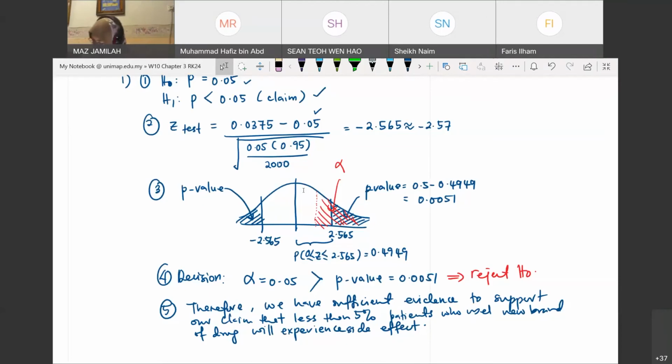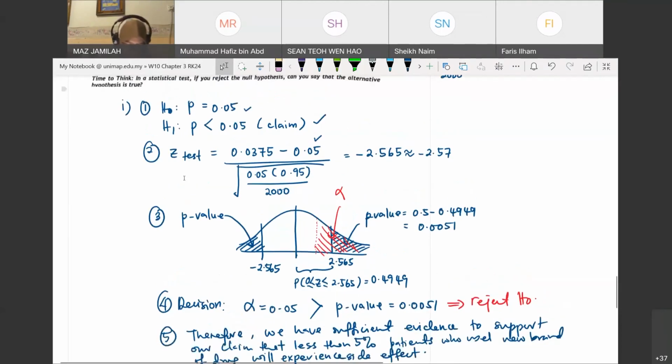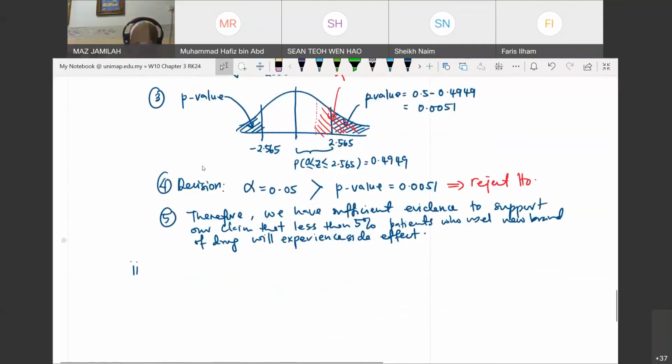Without any calculation, if we choose a 1% significance level, now we expand the question. Just now, we were talking about a significance level of 5%. If we choose 1%, can we reject the null hypothesis? Why or why not? Now alpha is equal to 0.01.